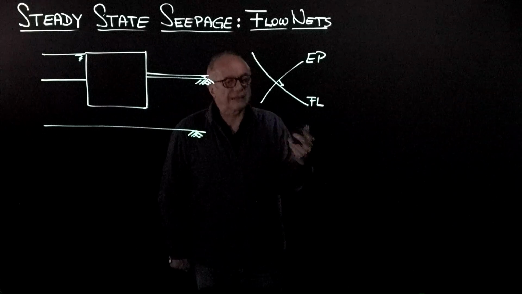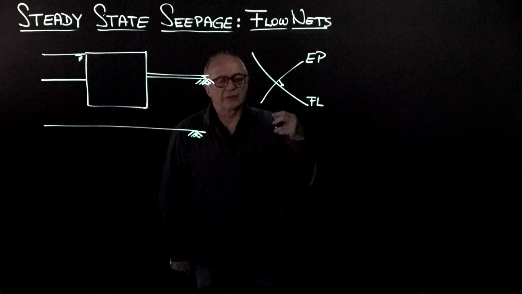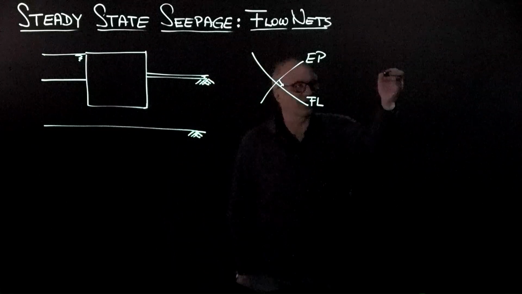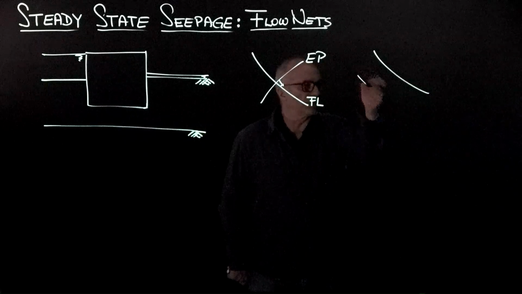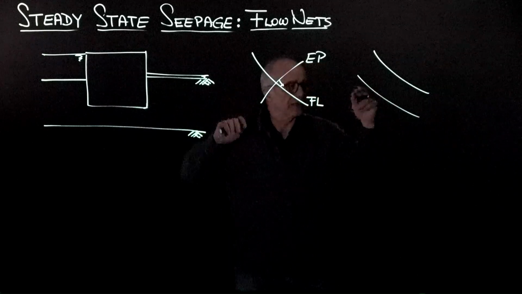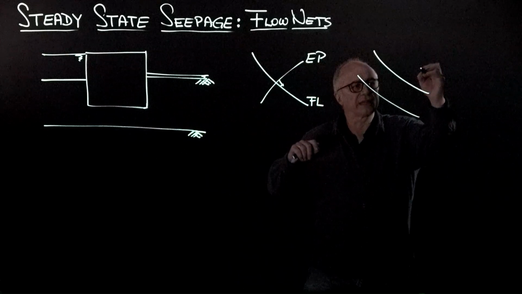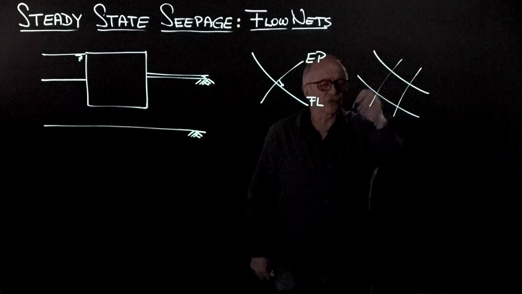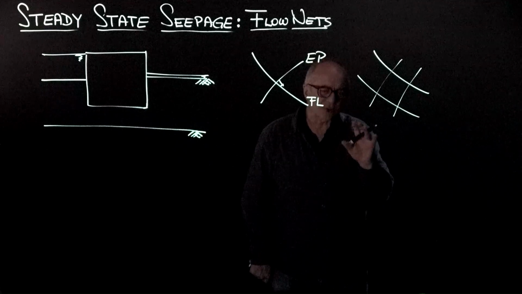In order to simplify both the sketching of the flow net and the analysis of the flow net, we're going to create a net where flow lines and equipotential lines intersect normally, but describe quasi-squares.